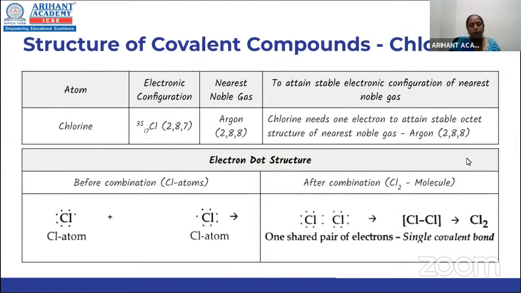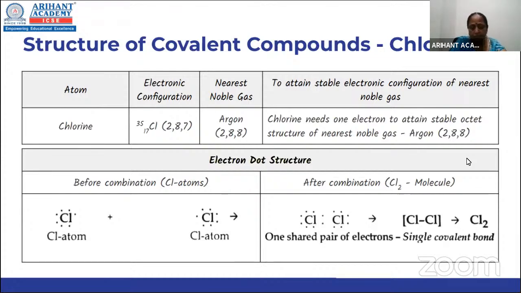Next, chlorine. Take the outermost shell, we are not taking the earlier shells, not taking 2 8, only 7 electrons. And obviously, how many less to become an octet? In 7, we have 1 less. So we calculate 7 minus 1. So 6 will be left with the atom of chlorine and 1 will go for bonding.